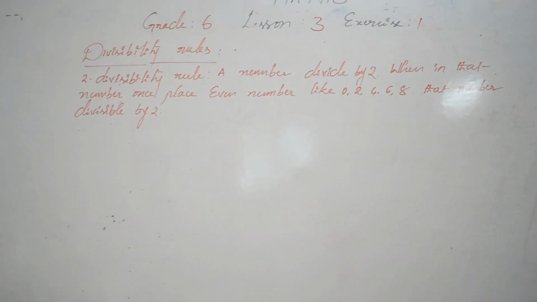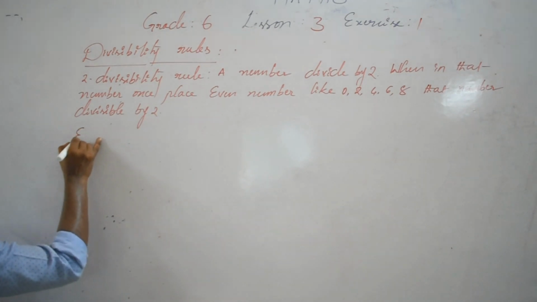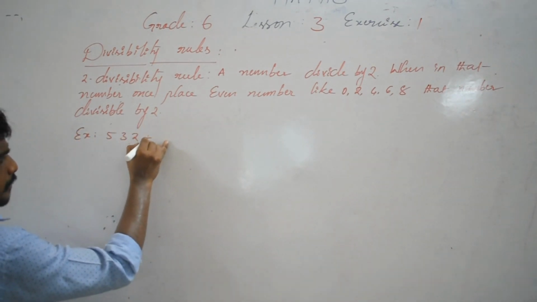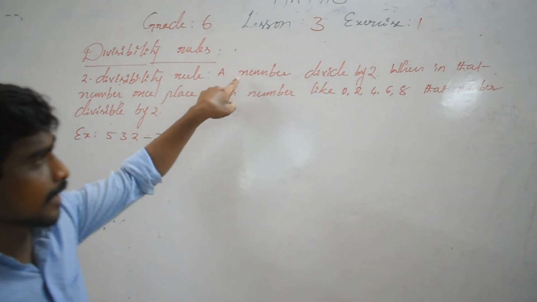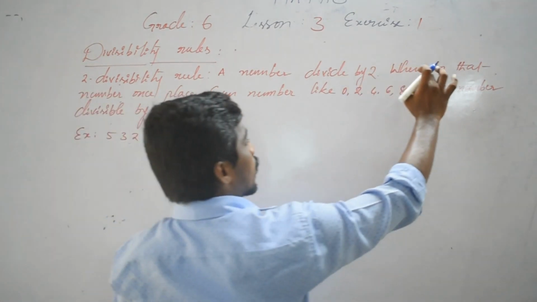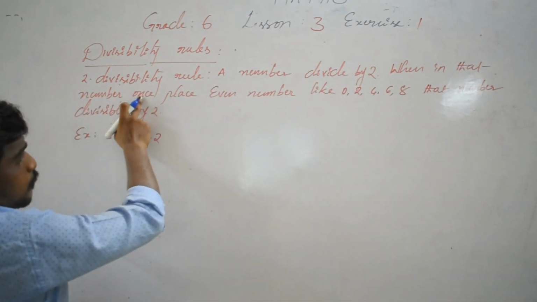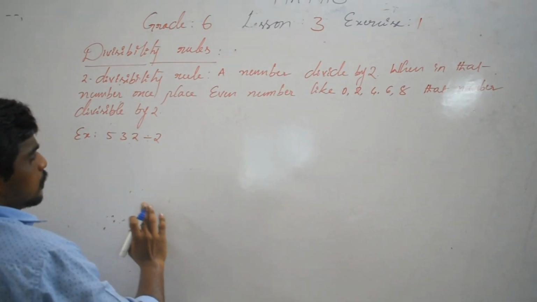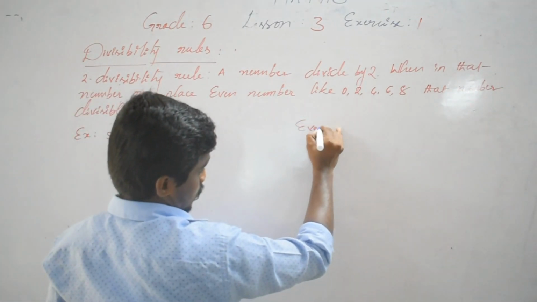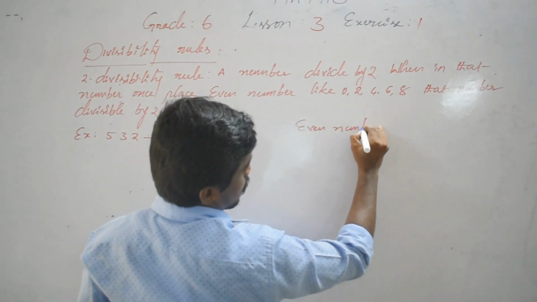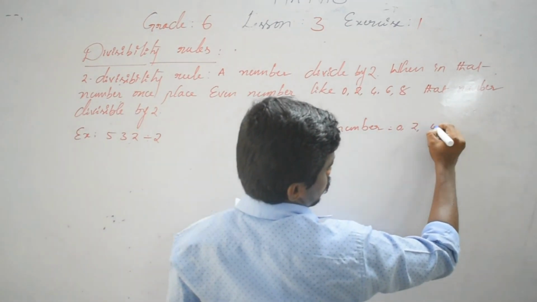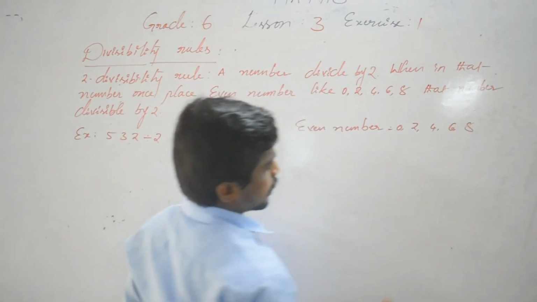Let's see examples. 532 divided by 2. A number divided by 2. So when in that number ones place is even. First we know even numbers: 0, 2, 4, 6, 8.